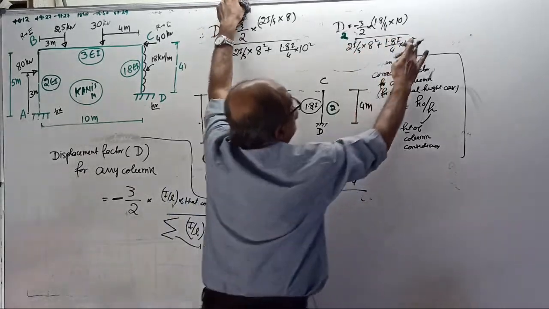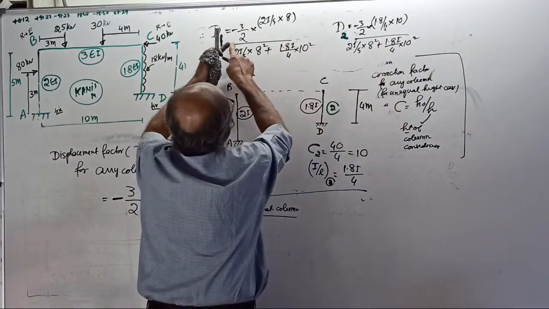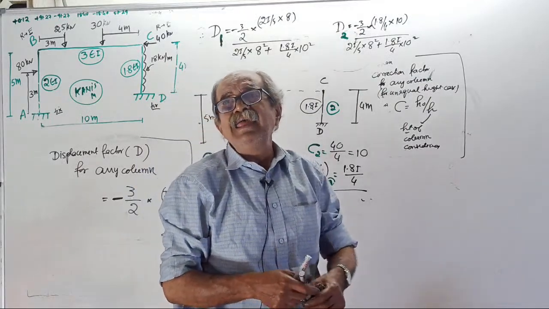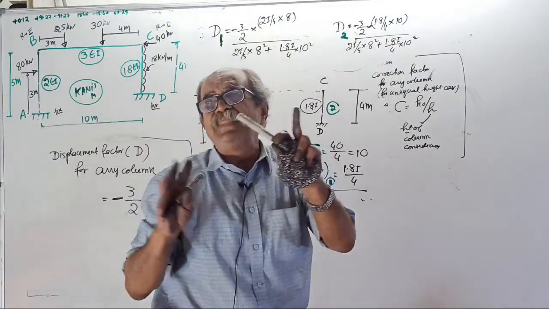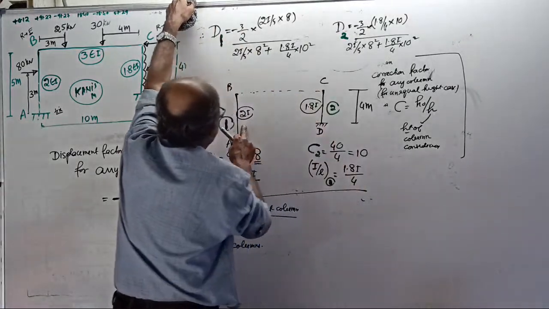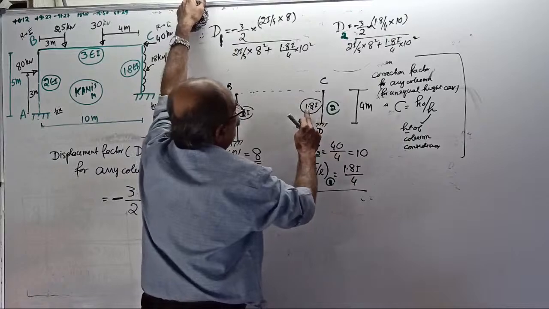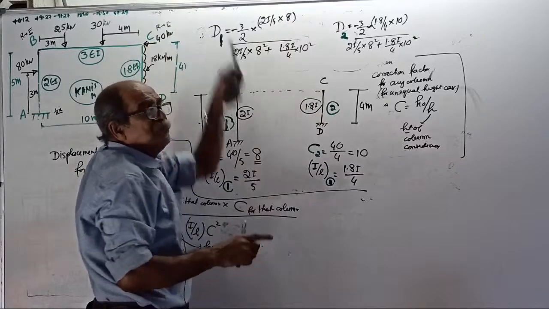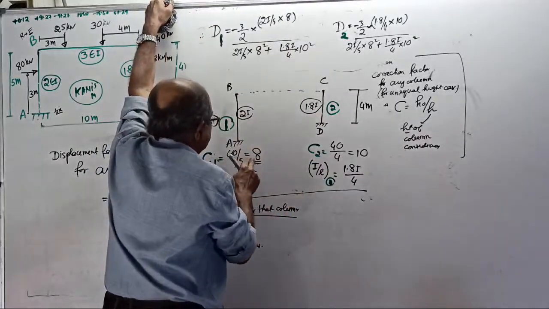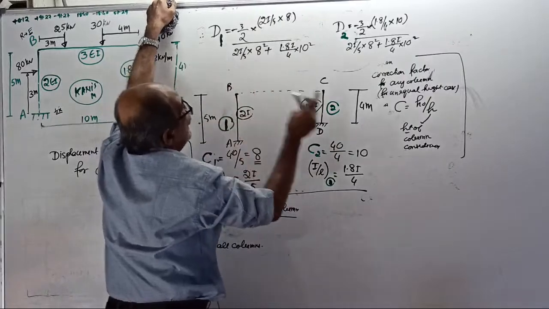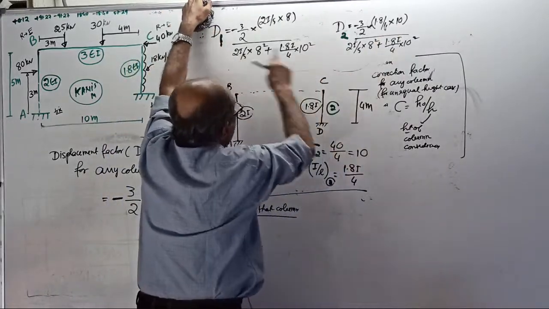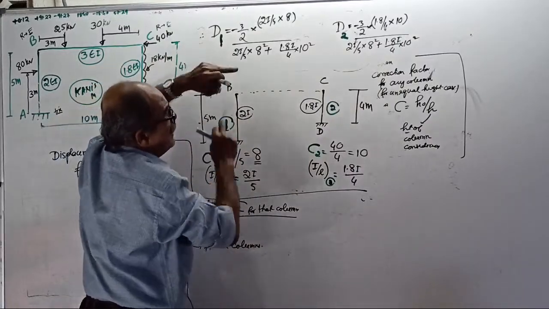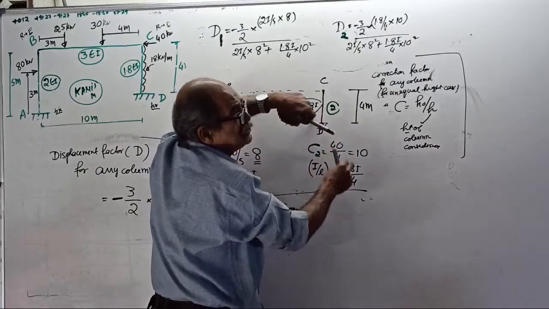See now. The numerator is minus 3 by 2, minus 3 by 2 common, into I by L of that column into C for that column. Here I by L for this column is 2I by 5, there 1.8 I by 4, into the correction factor, no square in the numerator, correction factor for the column 8, correction factor for the column 10, divided by the common I by L of this column into this C square plus I by L of this column into this C square.